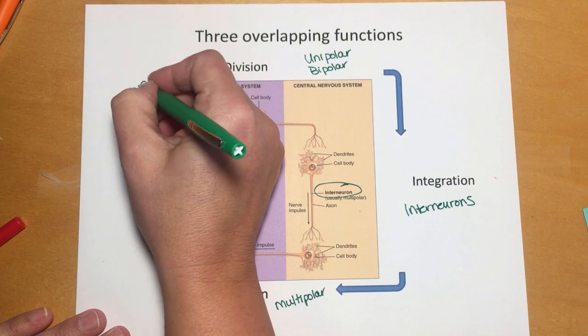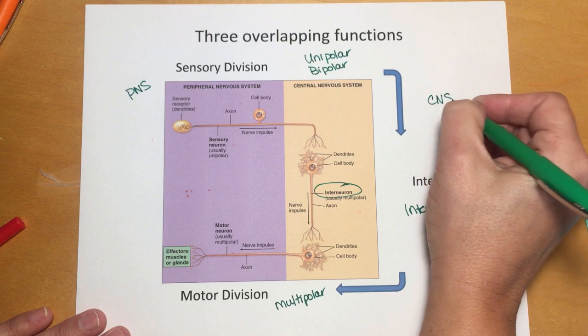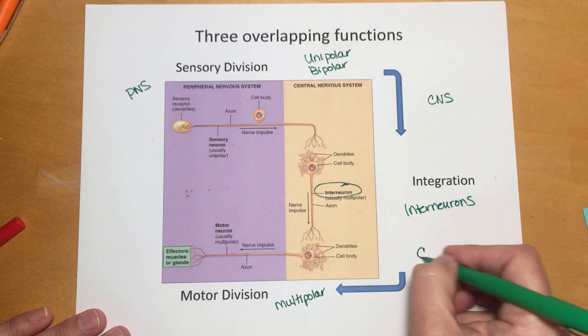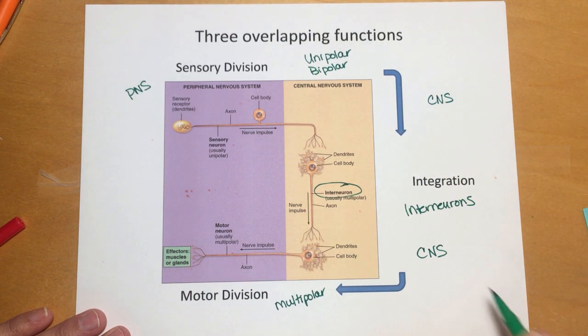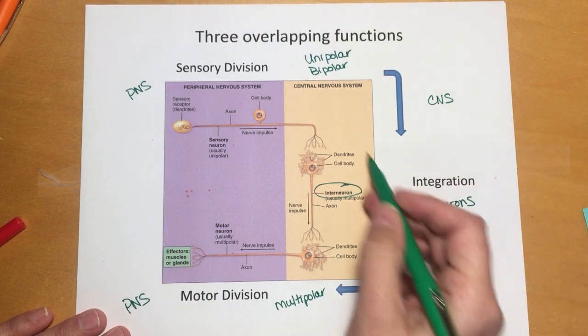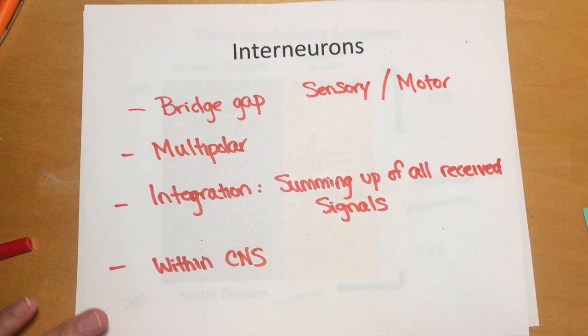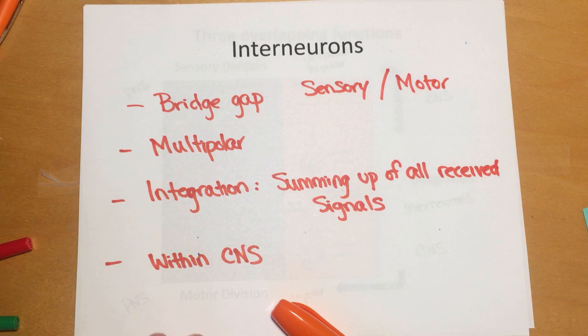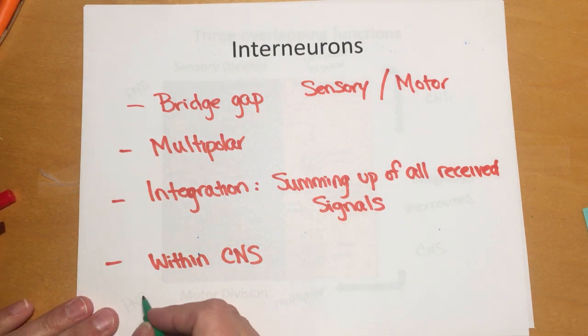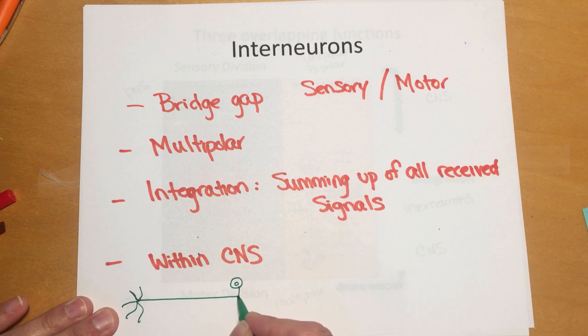It's only in the CNS. Here's the PNS. Sensory division brings information from the PNS to the CNS. Motor division brings directions from the CNS back to the PNS. And the interneurons are only here in the CNS. So if I were to draw this out, I would start with a green pen because that's what I've been using for sensory. So we have our dendrites at one end, and let's just call this a unipolar neuron.